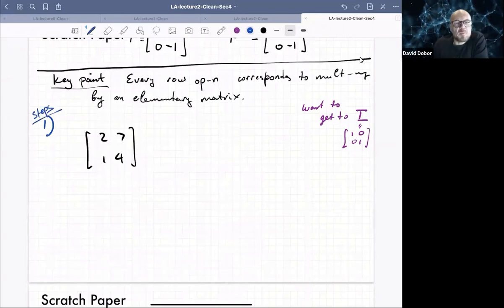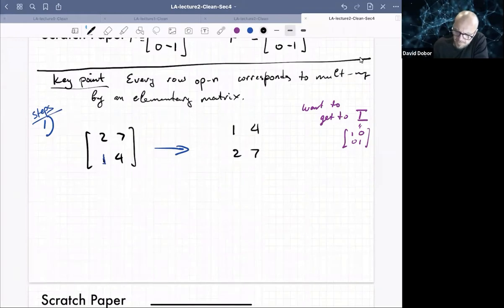How about first, let's flip the rows. So I have this nice 1 here on the top, to get to 1, 4 here and 2, 7 here. Okay, flip the rows.